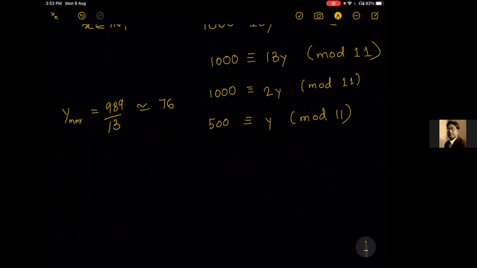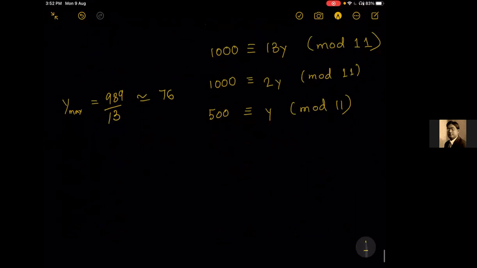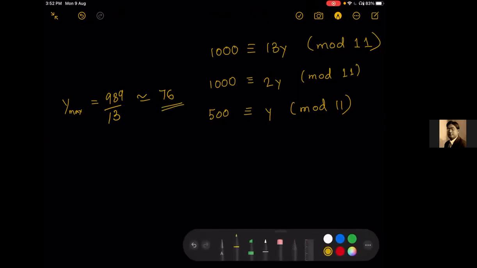Now sir, we got 500 is congruent to y mod 11. Now sir, we can find different values of y. But you have to check 76 values by hand, right? Yes, sir.